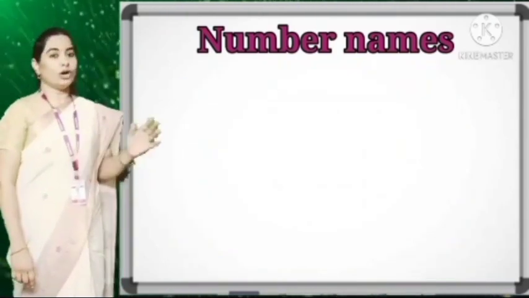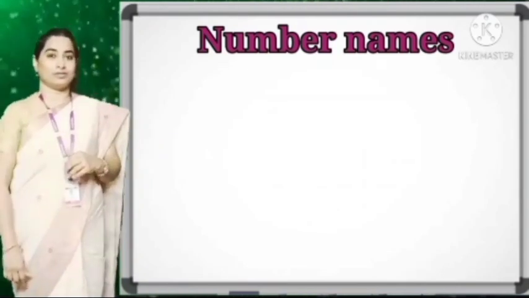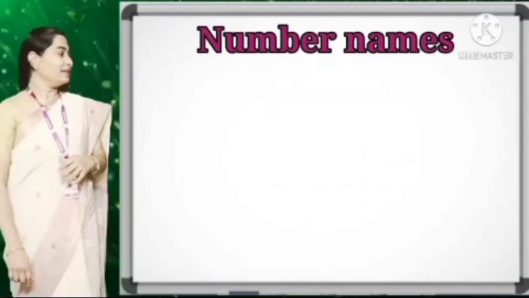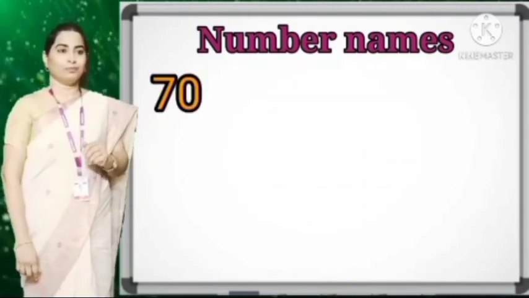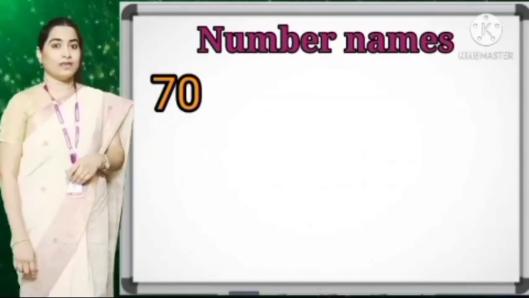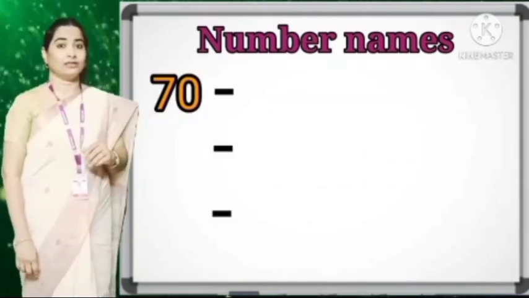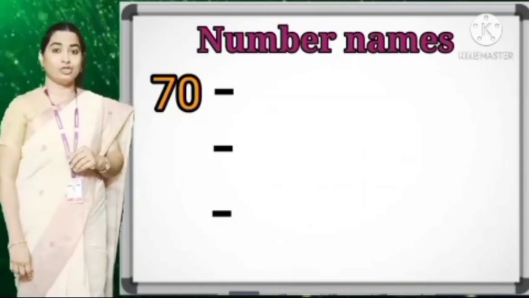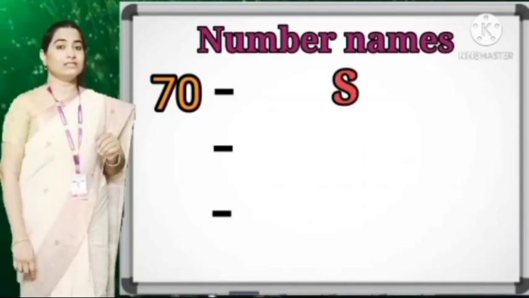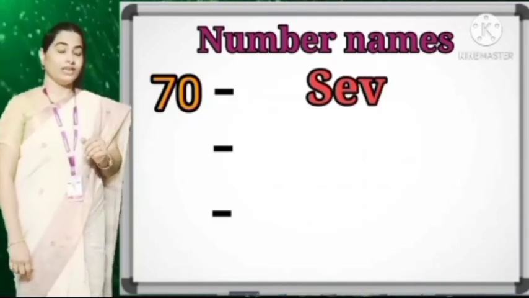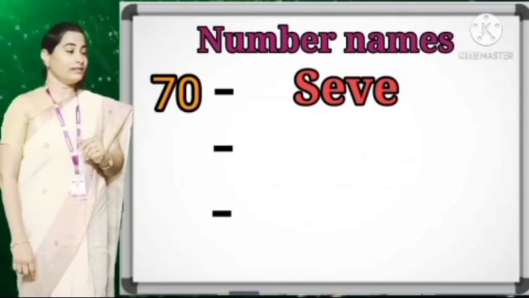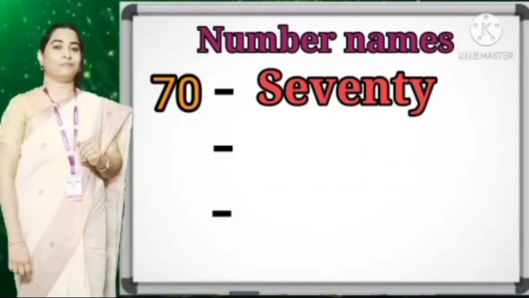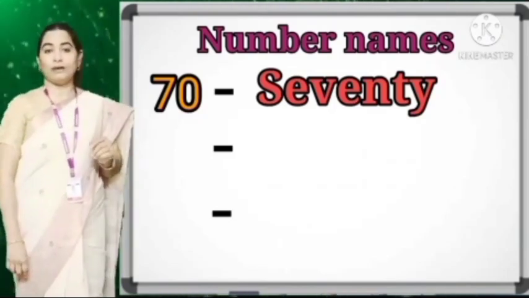Now we'll move on to the next number names. Okay, we'll revise some more number names. Okay, children? Now look at the number. What number is given? It's 70. How will we write the number name for 70, children? Yes. S-E-V-E-N-T-Y, 70. And see the next number?